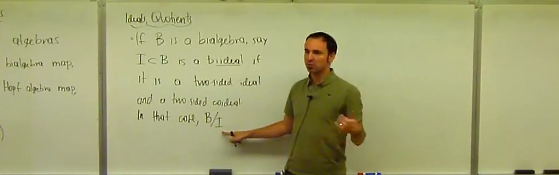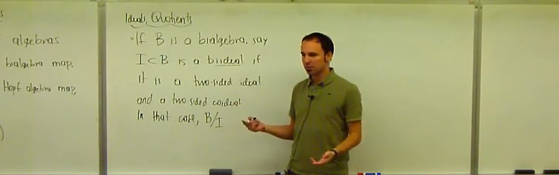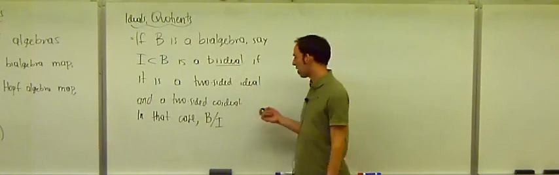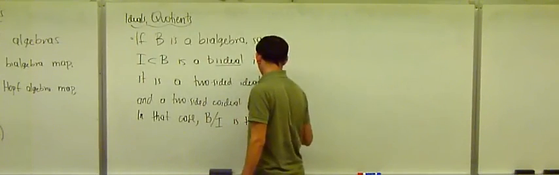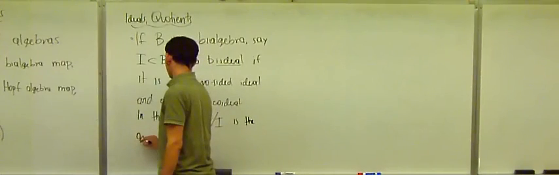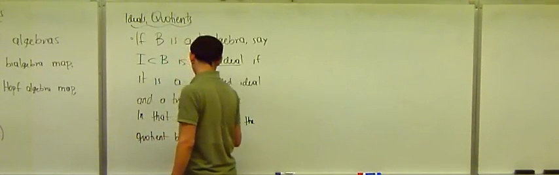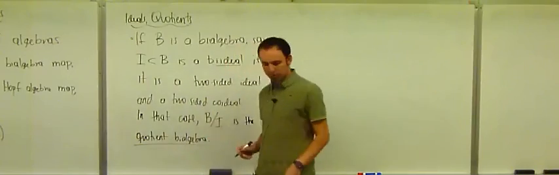I is a coideal, which means that B mod I is a coalgebra, and the algebra and the coalgebra structures were compatible in B, and so for free they're going to be compatible in B mod I. And so we're going to call this the quotient bialgebra. Okay, so that's how you take quotients.